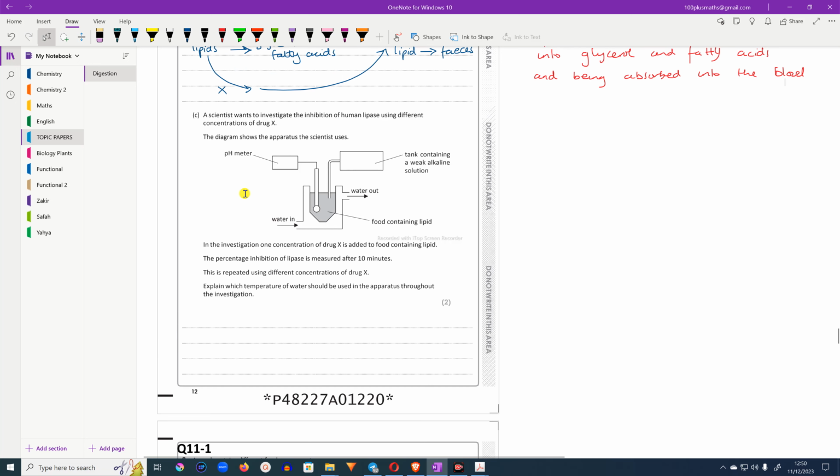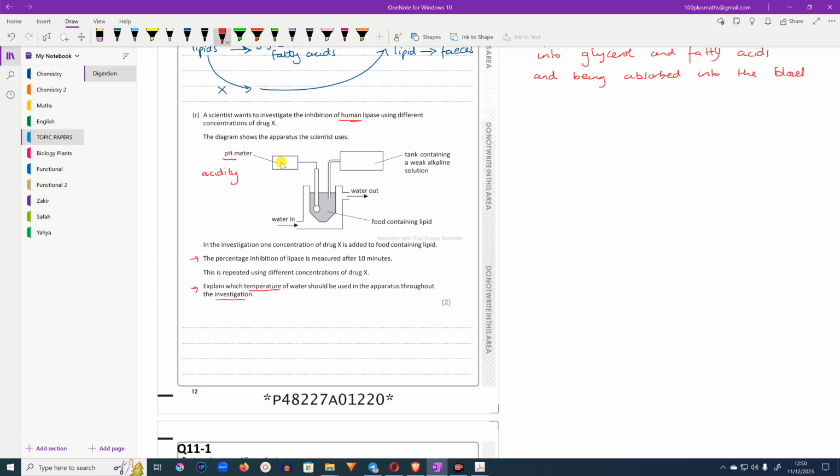Right, okay, so you've got a set up here, pH meter. pH measures how acidic something is. It measures acidity. Right. So they carry out this. Explain which temperature of water should be used during the investigation. Right.